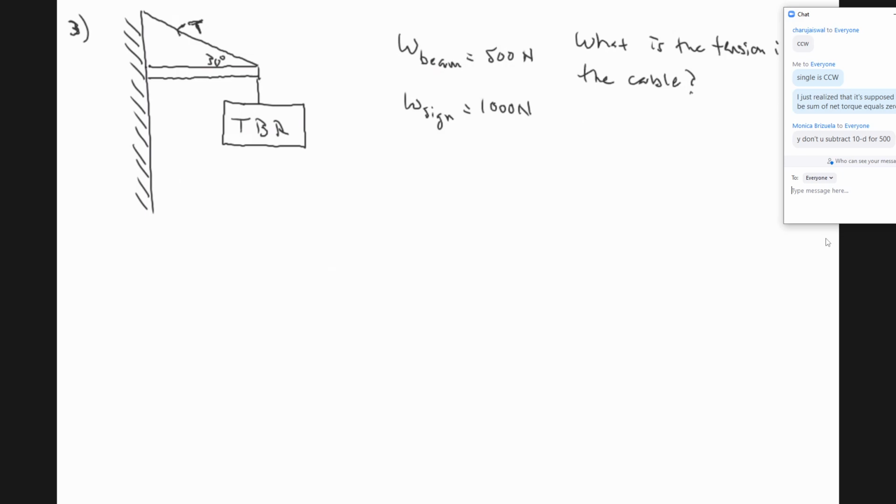Key to the problem is figuring out where the pivot point is. I'll leave that up to you guys, especially the people who got it right the last problem.